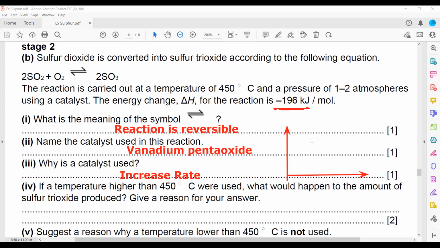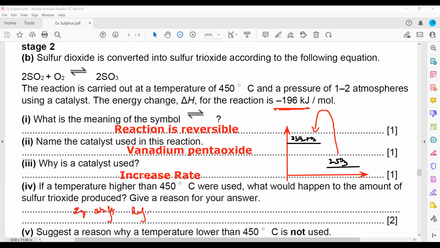So the energy of the reactant will be higher and the energy of the product is low. So we have sulfur dioxide mixed with oxygen to give sulfur trioxide. What happens if we increase the temperature? Then the equilibrium, or the balance, will shift towards the left hand side.